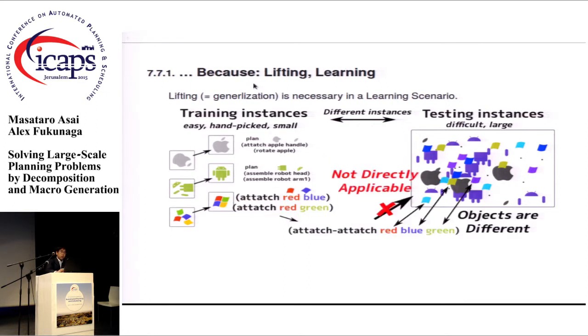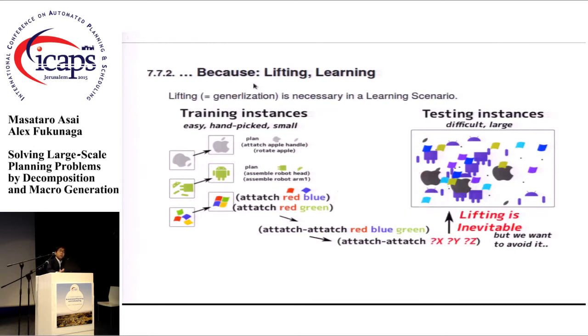This is because the macros learned in the training instances cannot be directly applicable in the testing instances, because the objects, in this case the color of the flags, are completely different. So lifting is inevitable. However, we want to avoid it because lifting makes a problem.